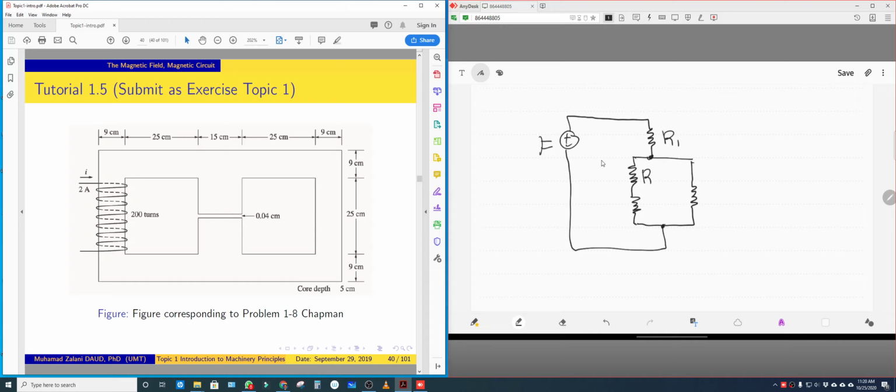This is R2A. This is R2B. And this is R4. So R2A is referring to the core, mid-core, mid-leg core.